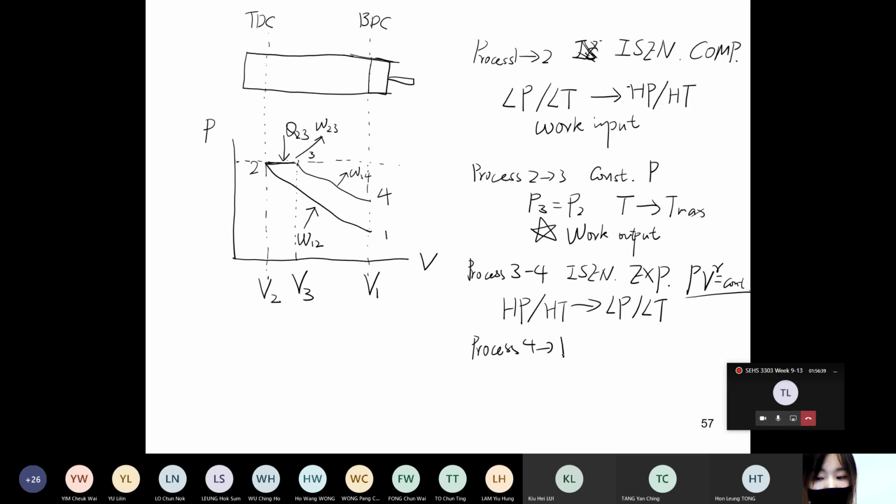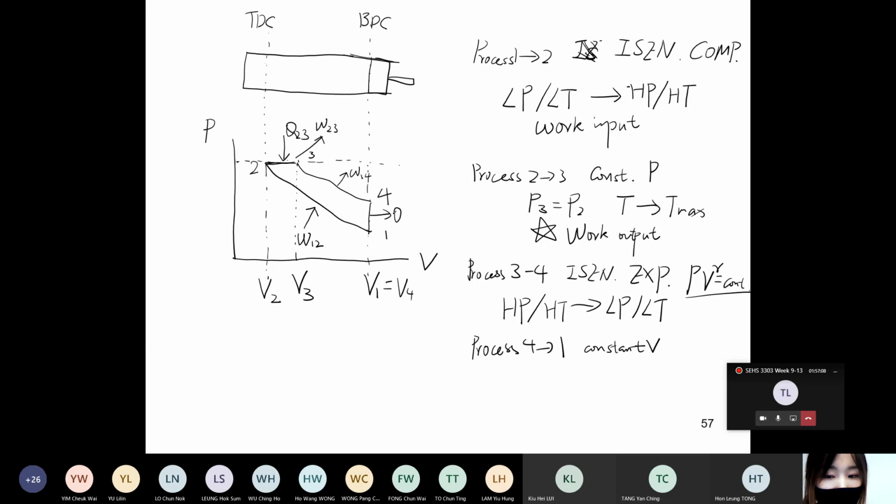Process 4 to 1, the same as that in the air standard Otto cycle. We have a constant volume heat rejection. We reject heat at constant volume. So we have V4 equals V1. The volume should be the same, should be constant.